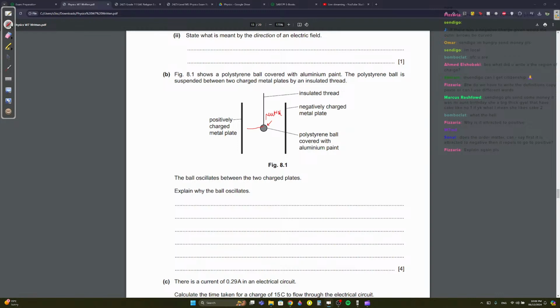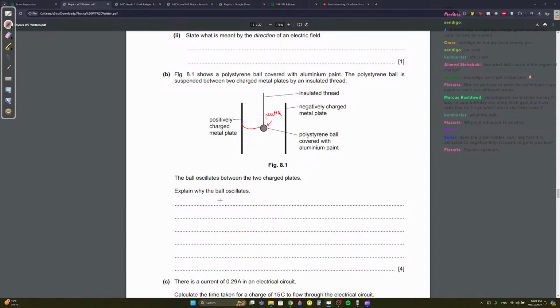Neutral plates, all of you should know that positive charges attract neutral. Negative charges also attract neutral. But the attraction force between a positive plate and a neutral plate is larger than the attraction force between a negative and a neutral.